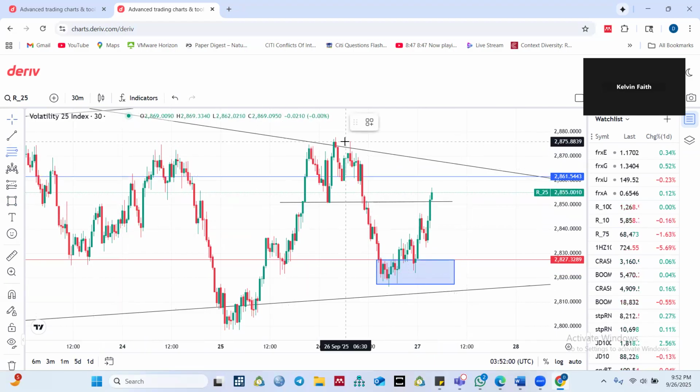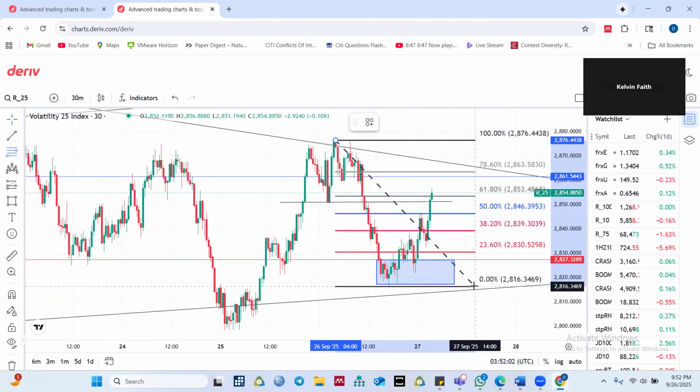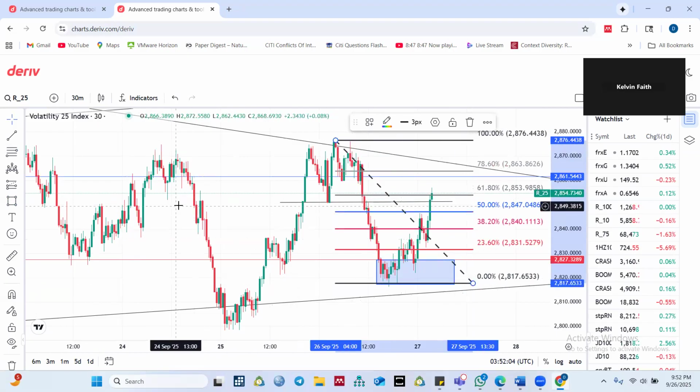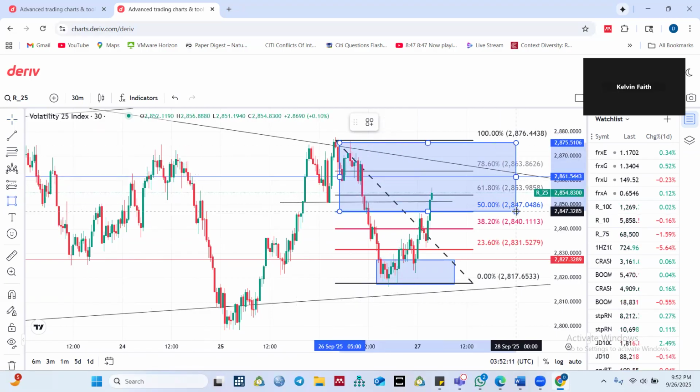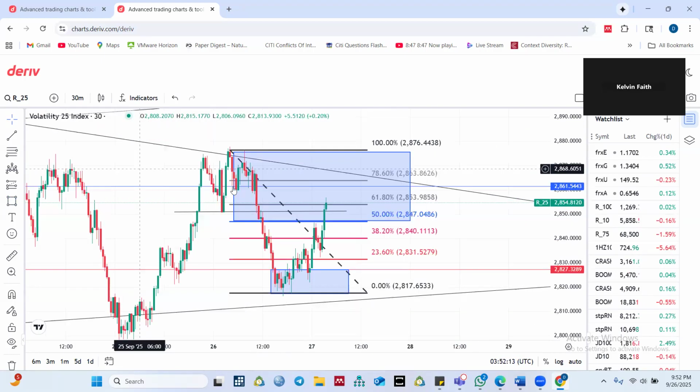So from this high, if we measure with our fib, where do we expect to take an entry if we want to sell? We take an entry above equilibrium, which is premium, and preferably at the 78.6%, which is this one.